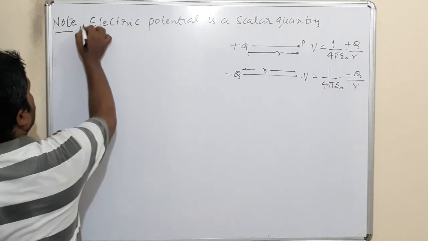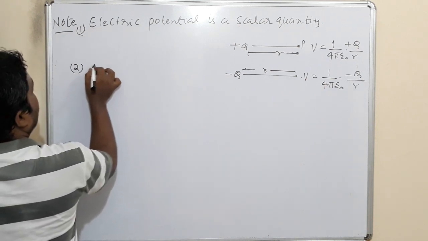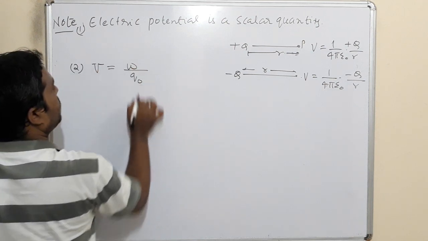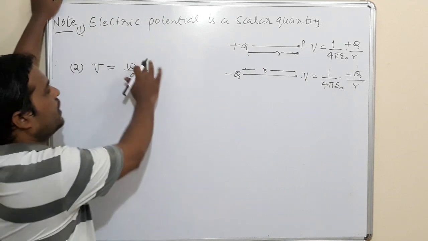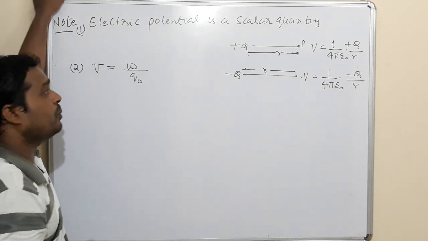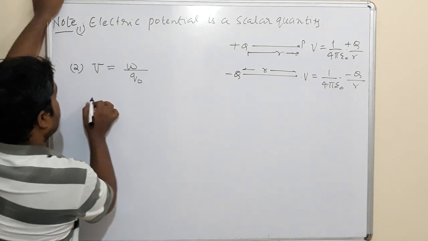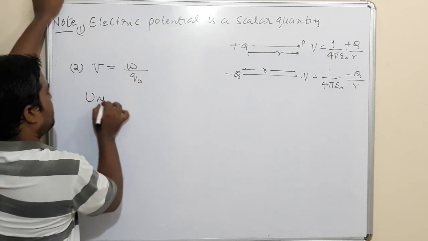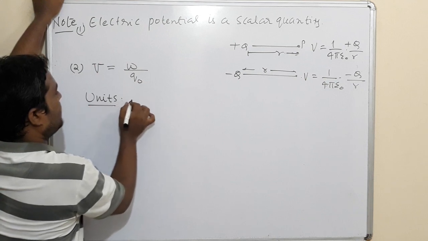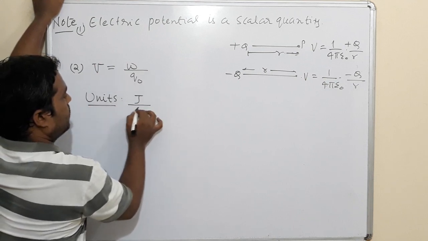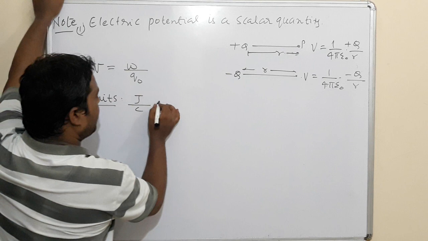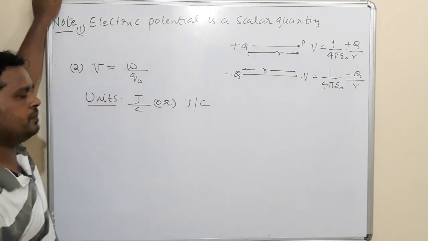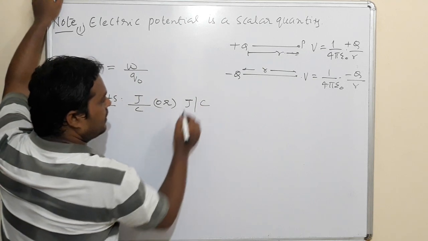Then electric potential, what is the formula? Electric potential formula is V equals W by q naught, work done per unit charge. Then what will be its units? Its units will be work by charge, which means joule per coulomb, J/C.